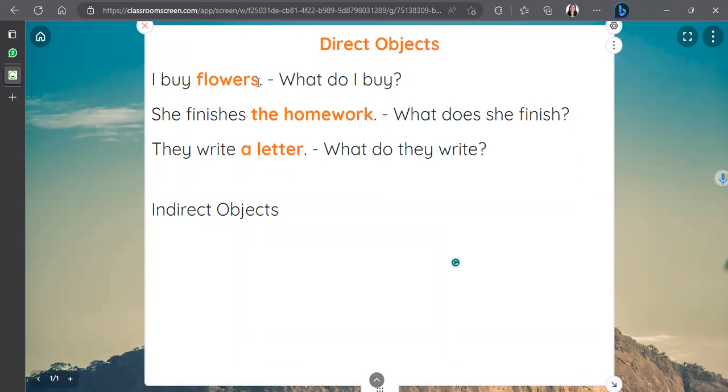As you can see in this case, I am answering the question what. When we are talking about the indirect objects, we are going to answer the question to whom. For example, I'm going to use the same sentence again.